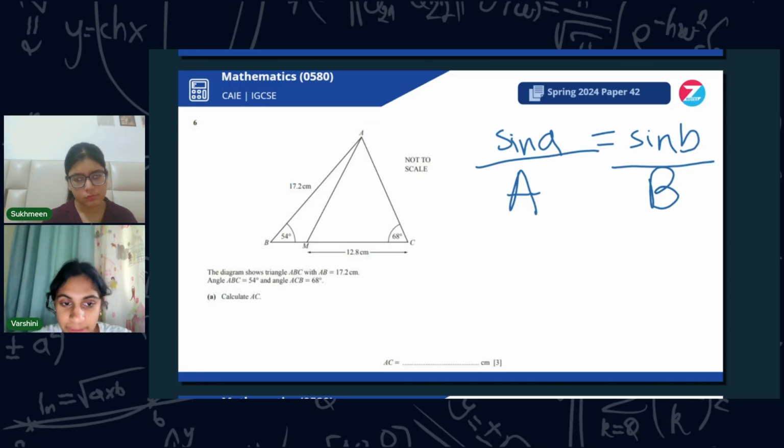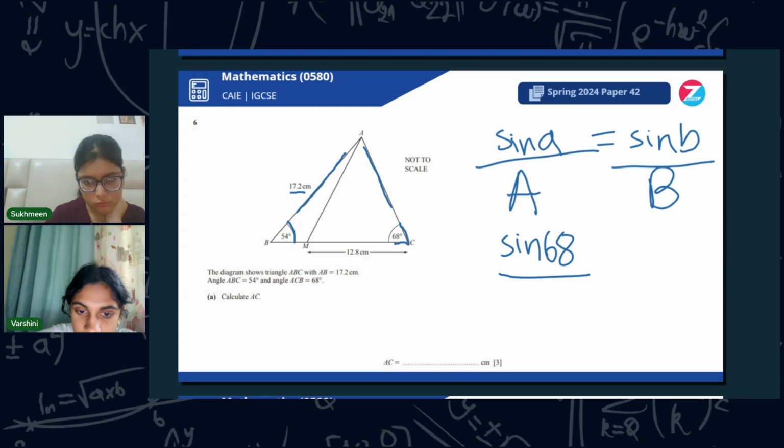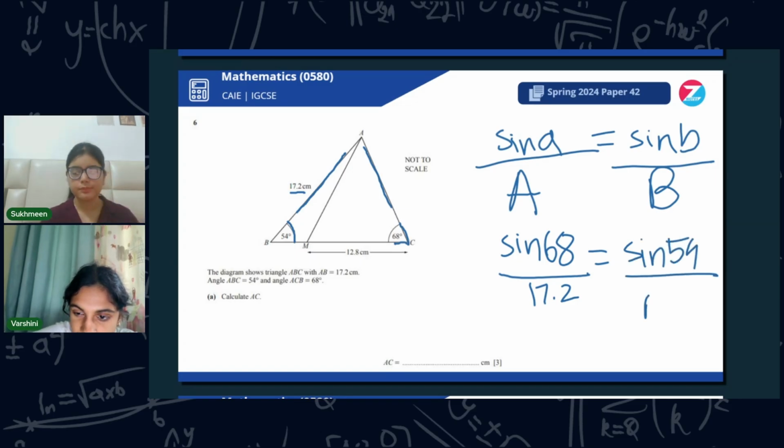So in the case of this triangle, ACB, this angle 68 divided by 17.2, this side, is going to equal 54 divided by this side, AC. So we can write sine 68 divided by 17.2 equals sine 54 divided by AC.